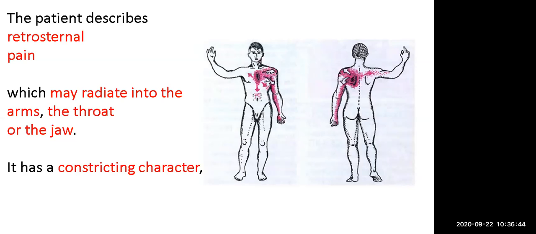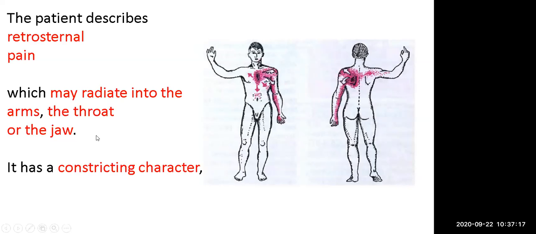They will never say retrosternal, but they will show you where they have it. They will show you the sternal region of your chest. And you should put in your case history that the pain is in the retrosternal region. Look at this, this is what we call retrosternal.